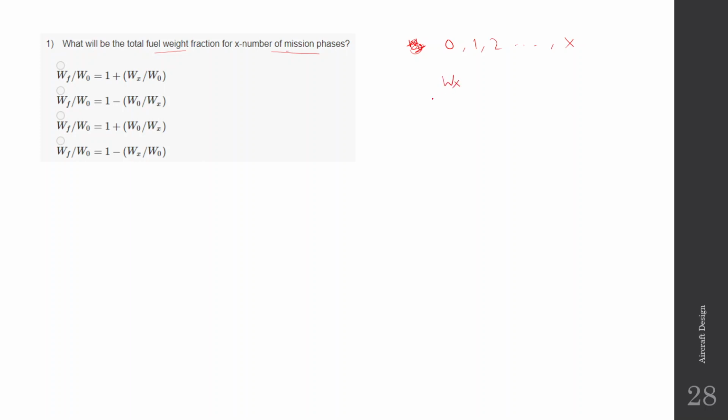We found the ratio Wx by W naught, and then we subtract this ratio from 1 and multiply it by 6% to get the fuel fraction. In this case the 6% has not been considered. So over here the answer will be this one, D. So 1 minus Wx by W naught.